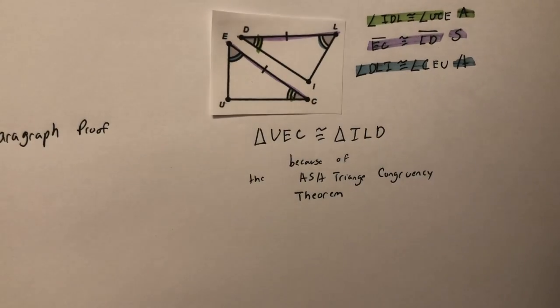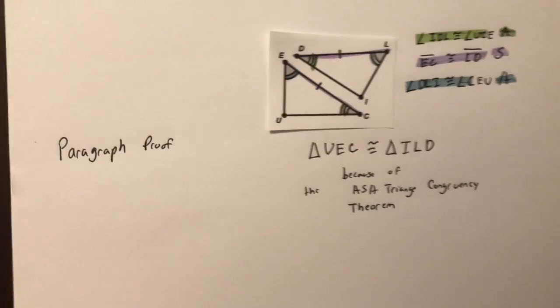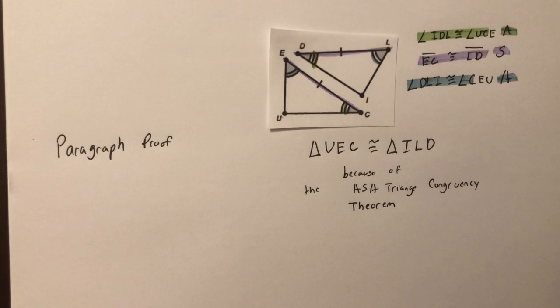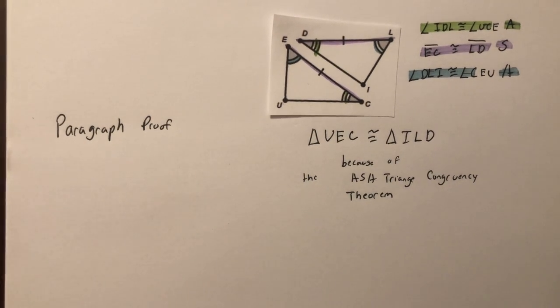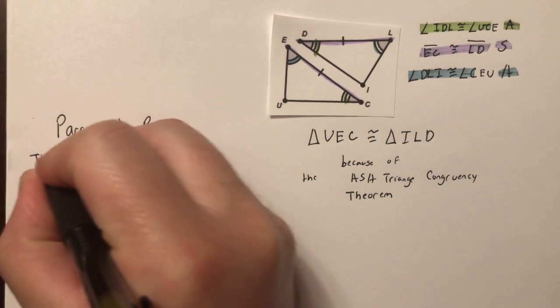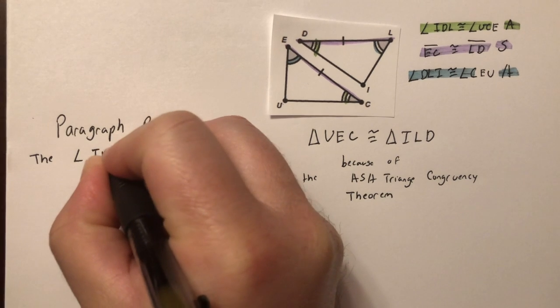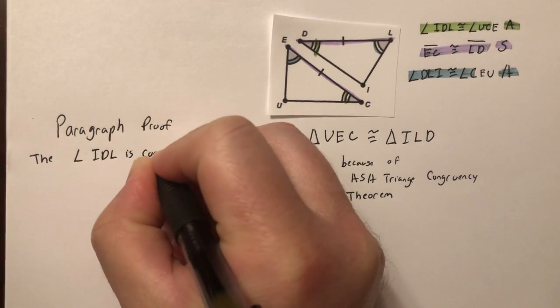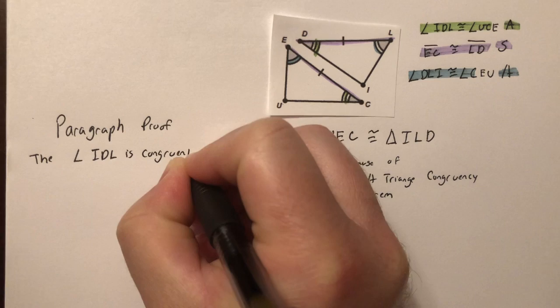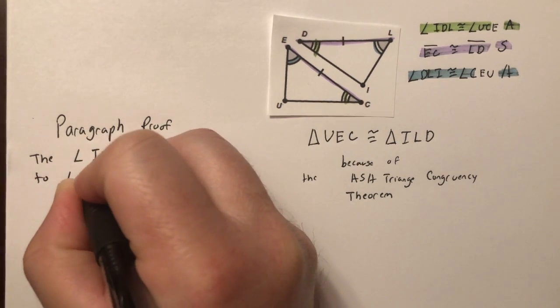What all that means is I'm taking this information and putting it into a paragraph. So first thing I said is that angle IDL is congruent to angle UCE.